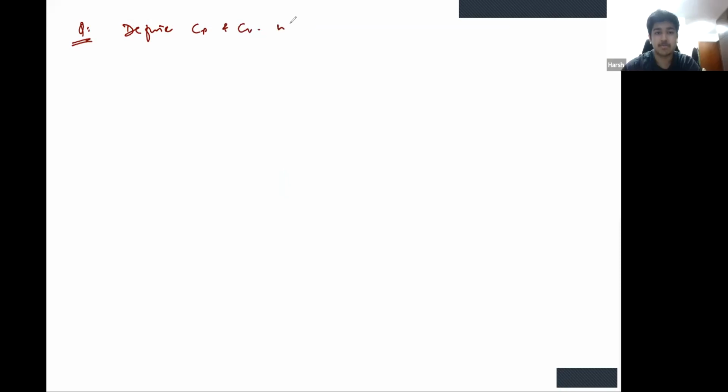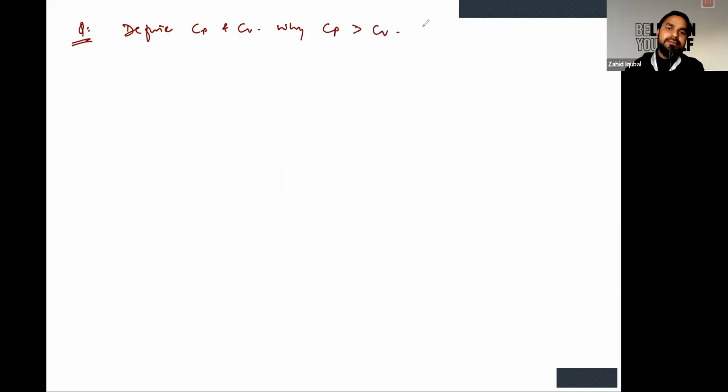The next question will be why Cp is greater than Cv. And the third question will be to derive the relation between these two.